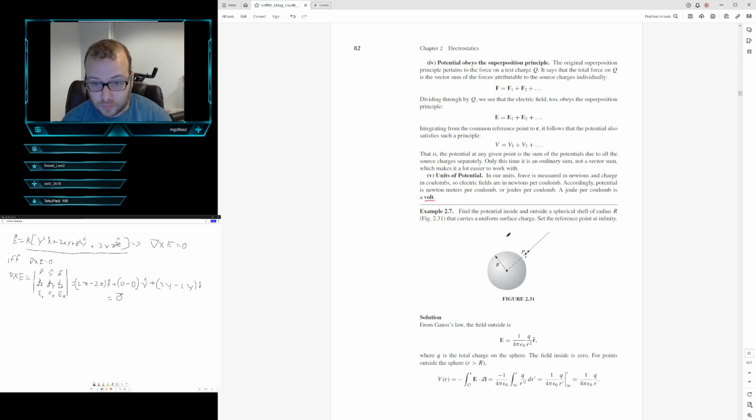So, we know from previous problems that the electric field for a sphere outside is 1 over 4 pi epsilon naught times the total charge of the sphere divided by r squared.